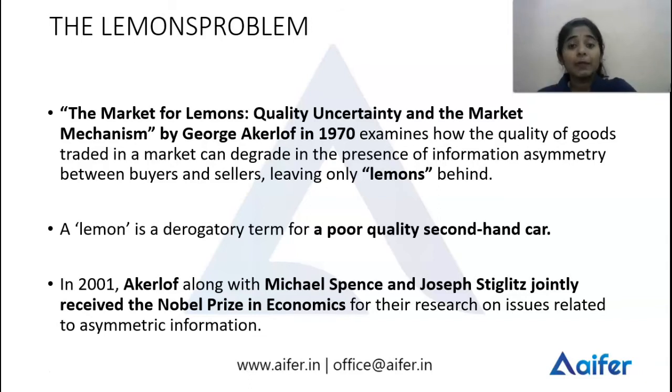This price that the buyers fix in their minds is lower than the price of high quality used cars, but higher than the price of low quality used cars. So for sellers it will be profitable to sell the low quality used cars, the lemons, because if they sell the lemon, they will be getting more profits, right?